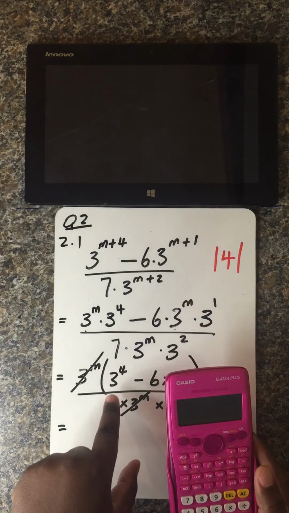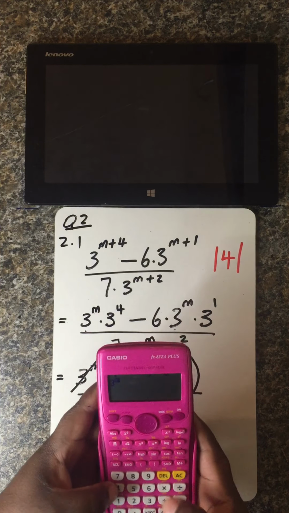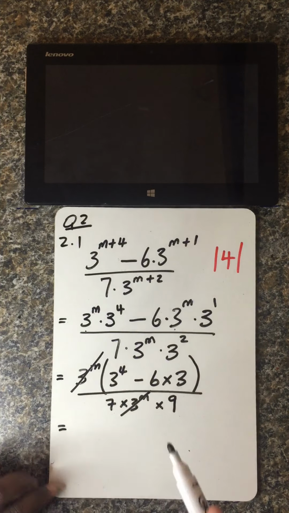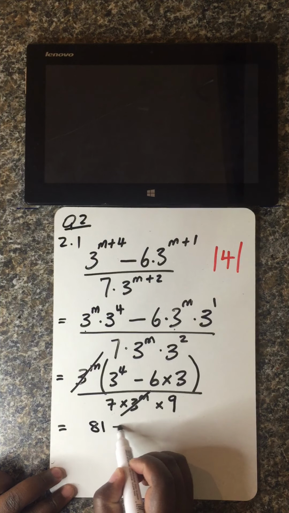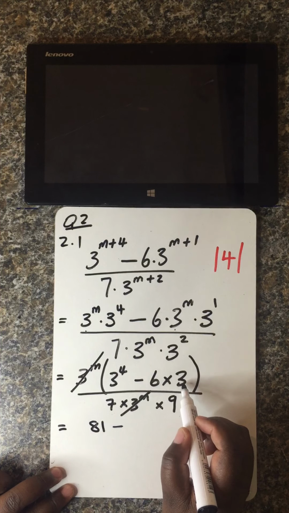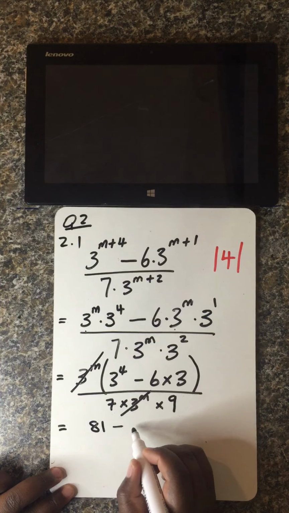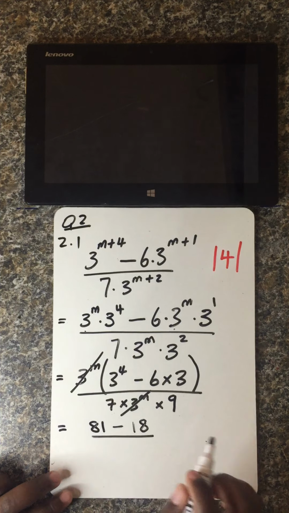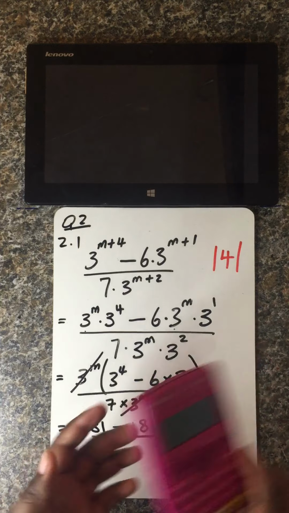So now you've got 3 to the exponent 4. You can just punch it on a calculator and you get 81. You subtract 18, because this times this is 15, and 1 times 3 is 18. I've tried to use my head there, not because I'm good with numbers, but because I just remember that one.